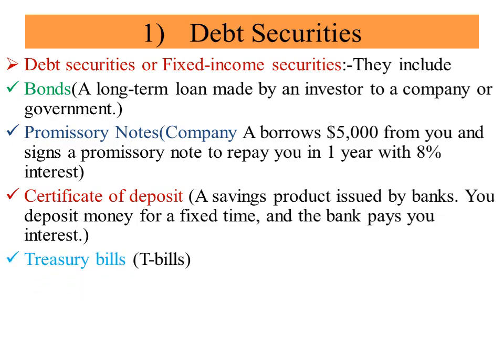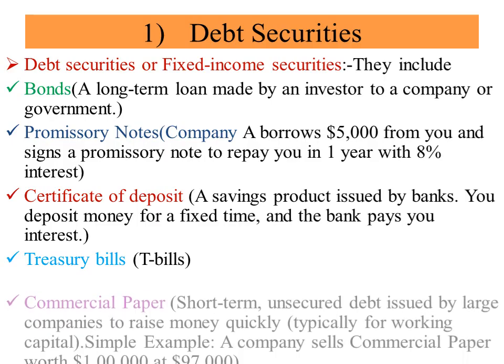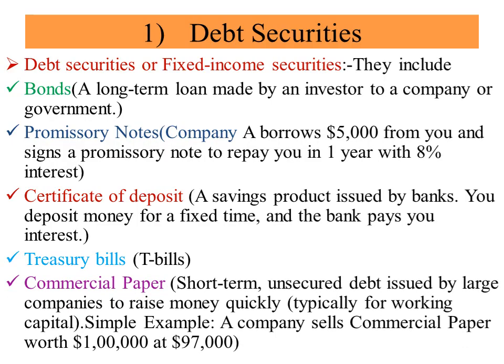The other is treasury bills, or T-bills. These are sold by governments. They have a short maturity, less than 1 year, with different maturity times. For example, 28 days, 91 days, 180 days, and the final one is 364 or 365 days, less than 1 year.